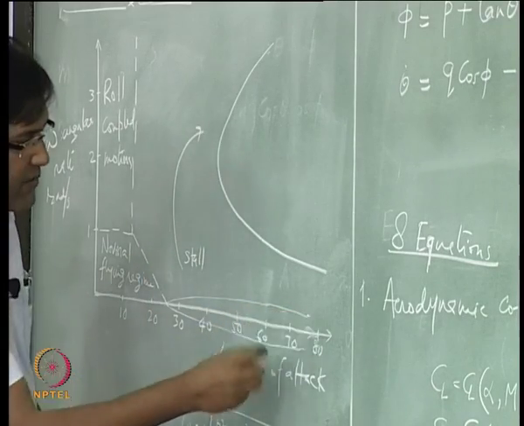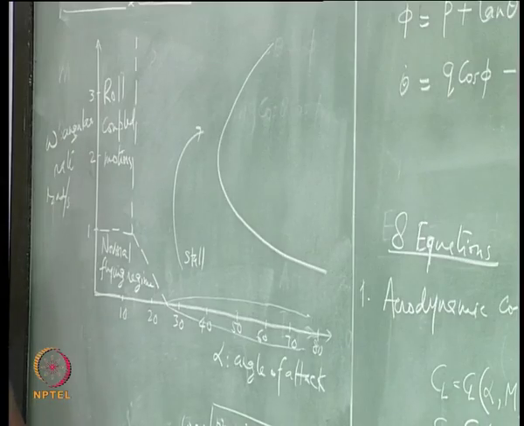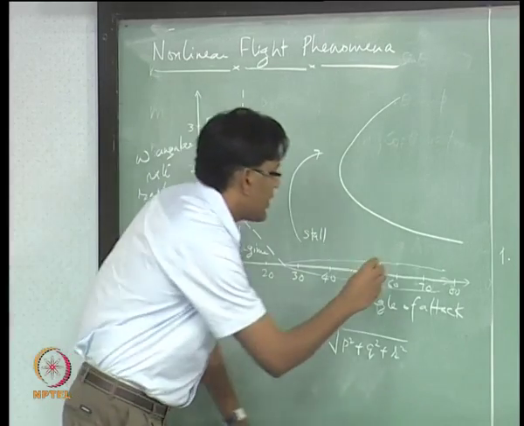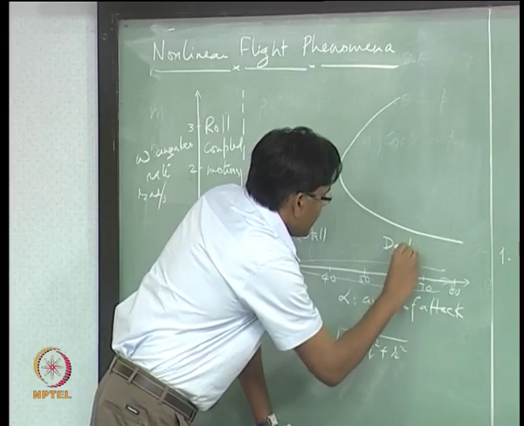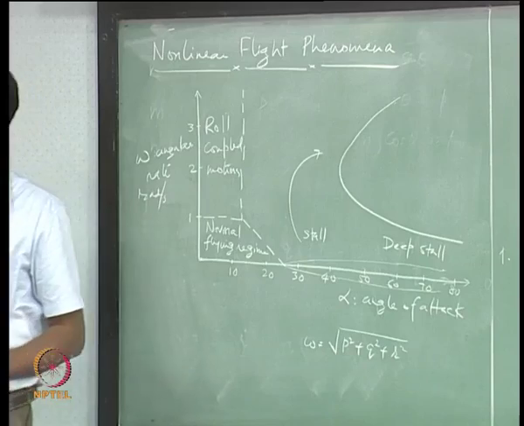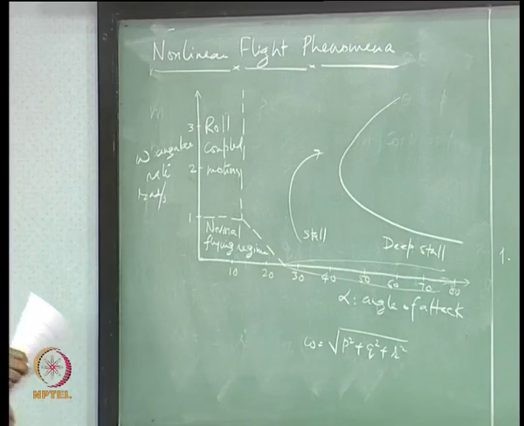At higher alpha, really high alpha, going beyond around 60 or 70 degrees, you go into what is known as deep stall regime, okay.